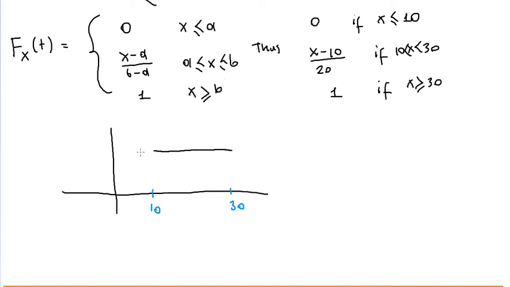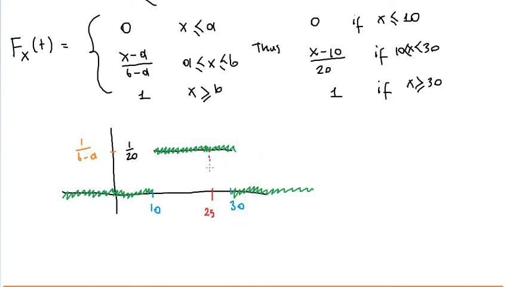We know that the height of the function is 1 over b minus a, which is 1 over 30 minus 10, which is 1 over 20. When x is less than 10, our function is 0. In the interval, it is 1 over b minus a, and if x is greater than 30, our function is 0 again. We are calculating the probability that x is less than or equal to 25.